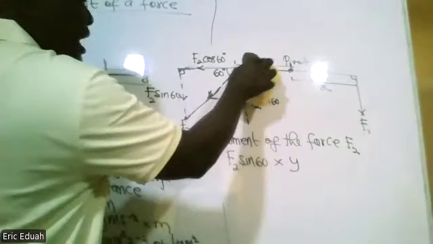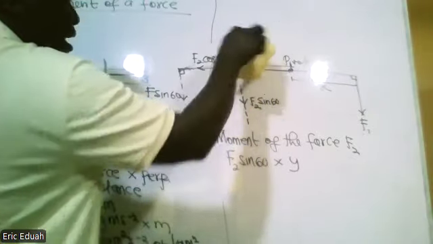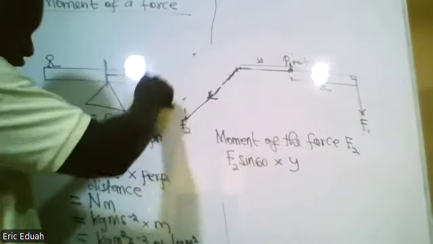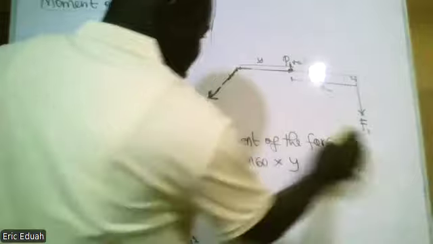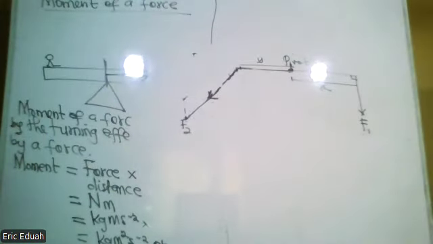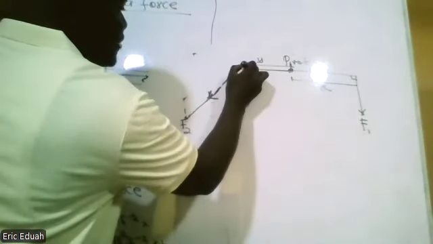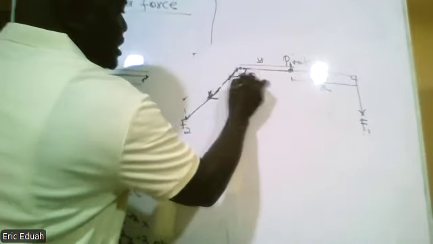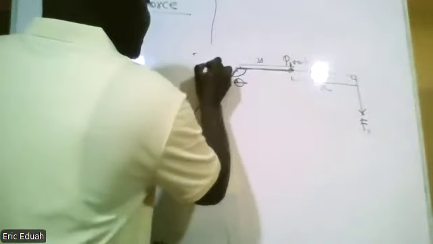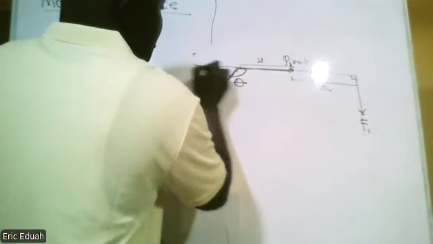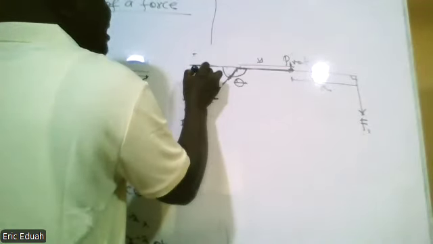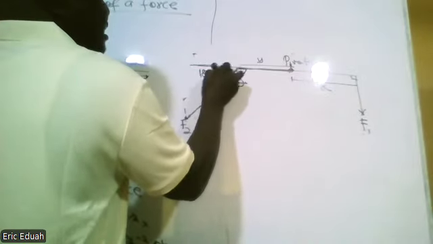Meaning, if I'm given any angle theta, we want to create a general formula. So instead of 60, let me use an angle theta. This force makes an angle theta with the bar. By resolving, if this is theta, then this will also be 180 minus theta.